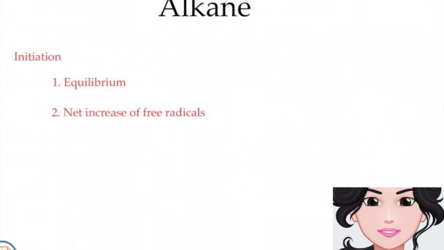There are two things that you need to know. The reaction is at equilibrium. At any given time, there is only a small concentration of the free radical present, but this will be enough. The second thing that you need to know is that there is a net increase of free radicals in this reaction. We're going from 0 to 2 in the product.